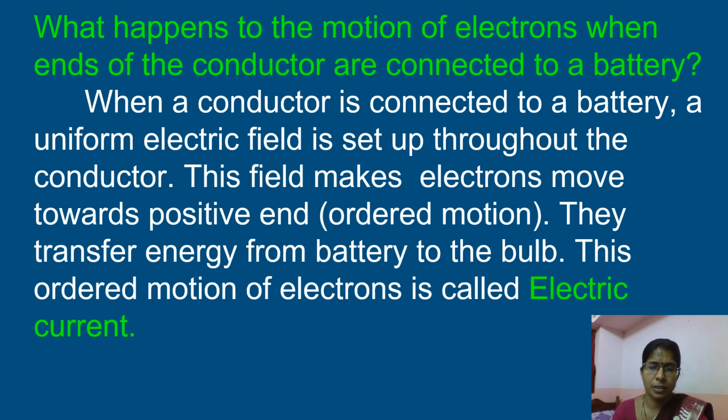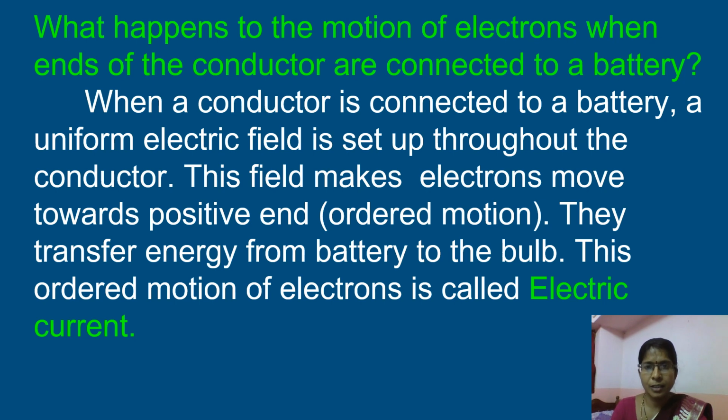How this happens is, a battery is made up of two different electrodes, positive and negative. It also has electrolyte in dry form. When you are connecting the wires, these conducting wires have electrons in them.